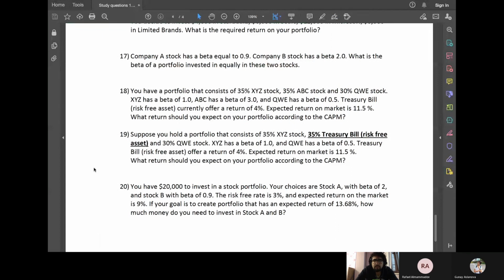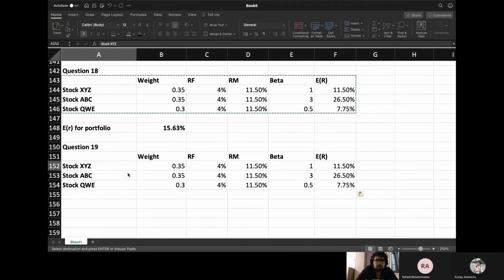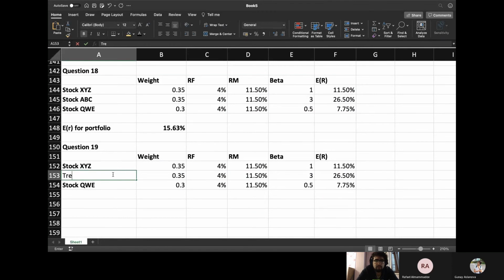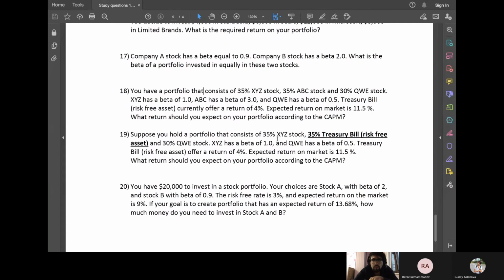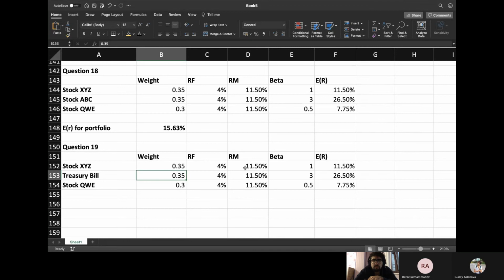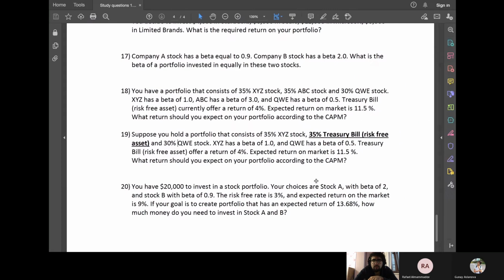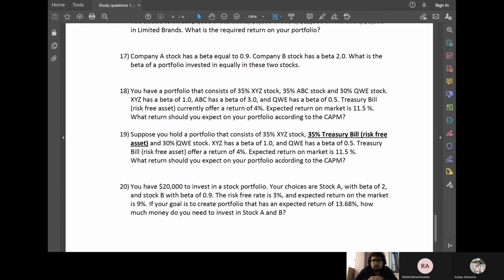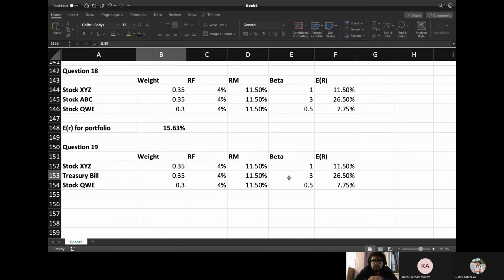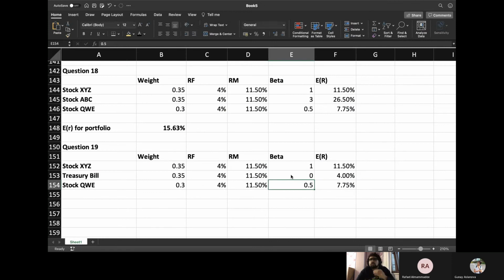We have a Treasury bill instead of stock ABC. Weights are 35, 35, 30. XYZ has a beta of 1, QVA 0.5, and the Treasury bill beta should be 0.